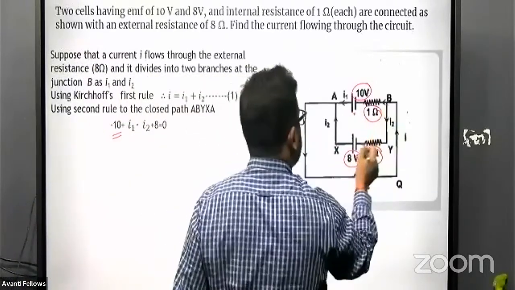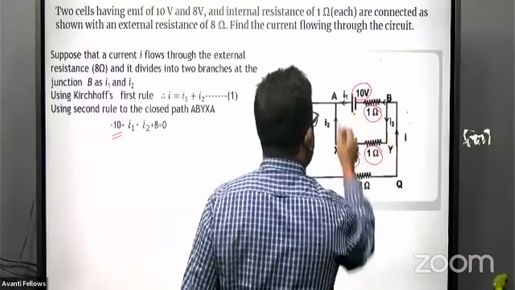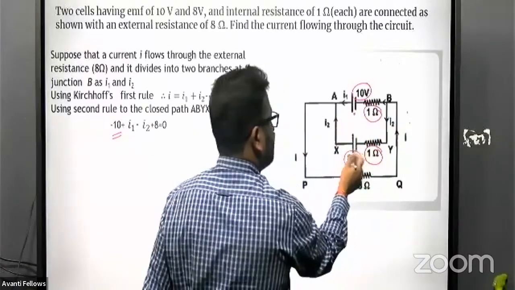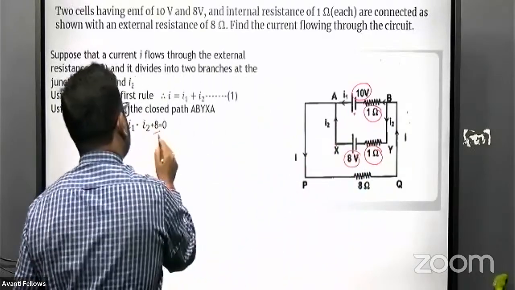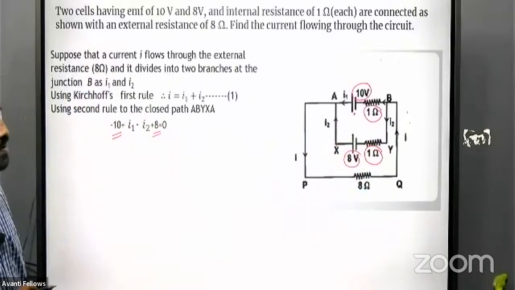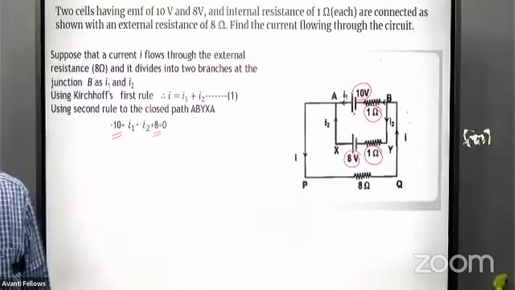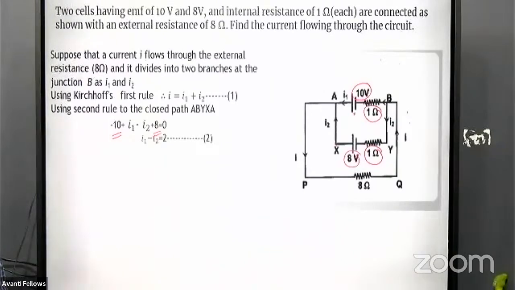Then here the cell is negative to positive through the electrolyte, so it is taken plus 8. Then I1 is taken negative and I2 is taken positive. From this one we get I1 minus I2 equals 2.